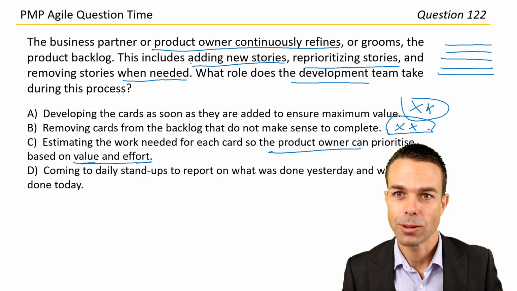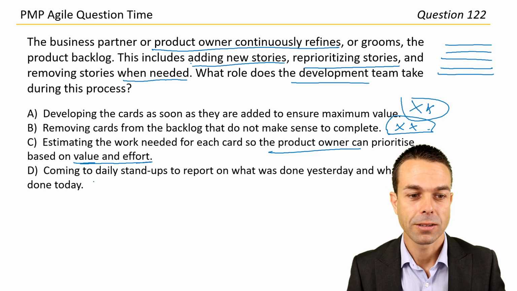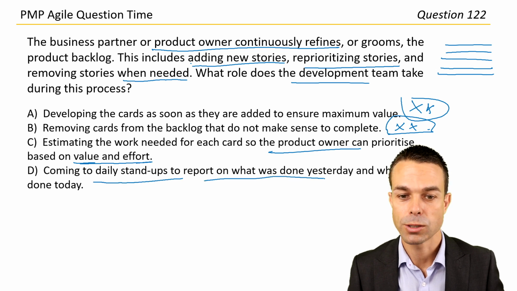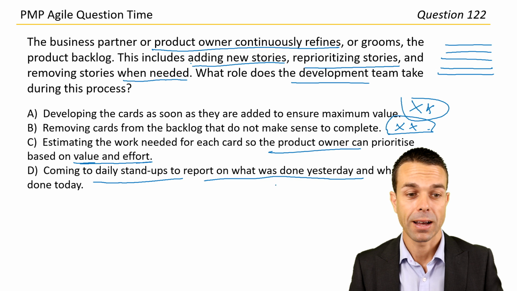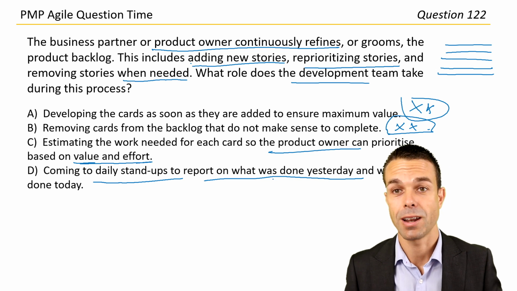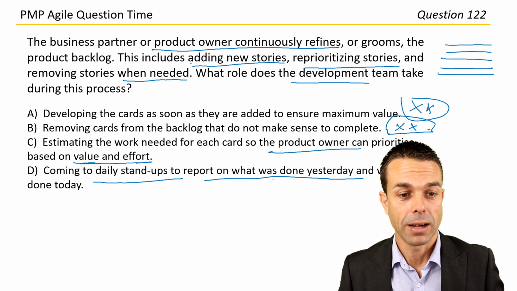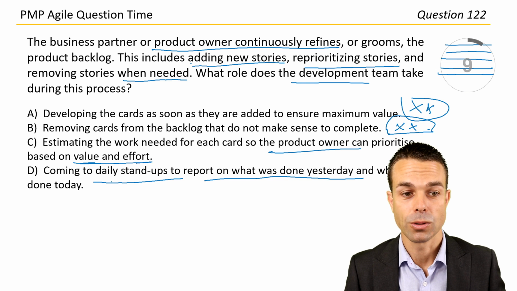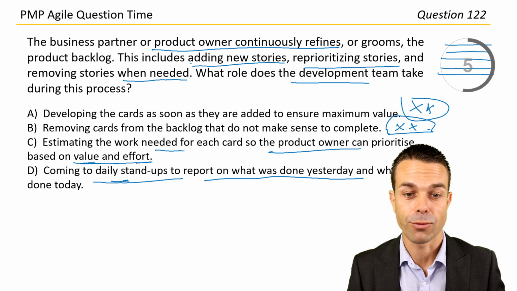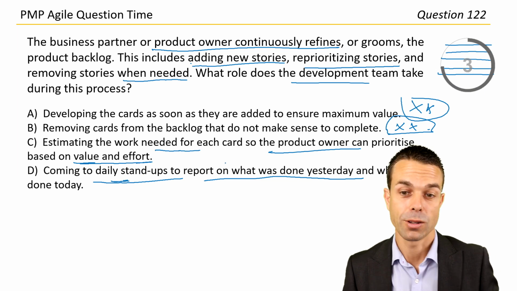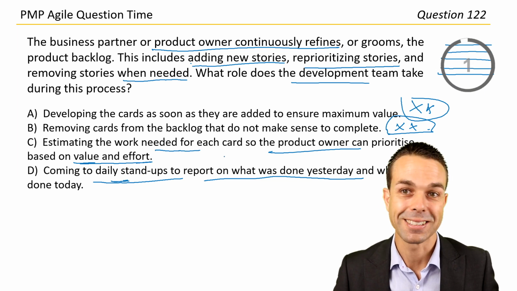Okay, I think that one's probably our one. Coming in to daily stand-ups to report on what has been done yesterday and what will be done today. Yes, everyone will come to the stand-up, or anyone who wants to, but that's not what we're going to do during the process. We prefer to get the work needed for each card, so estimating the work, so that the product owner can prioritize. Let's go with answer C.